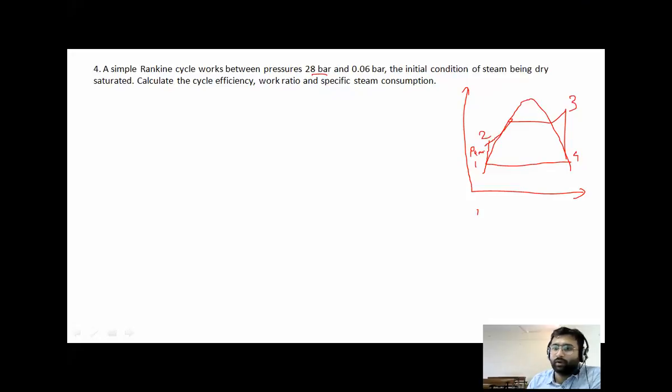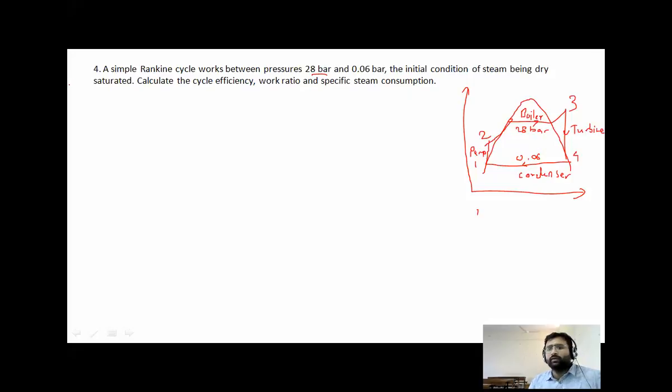Pump, the feed water pump. 2 to 3 is the boiler. 3 to 4 is the turbine, isentropic expansion, right? 4 to 1 is the condenser. So 28 bar is the pressure of the boiler, the higher pressure, and 0.06 is the pressure of the condenser. Okay, please remember this.